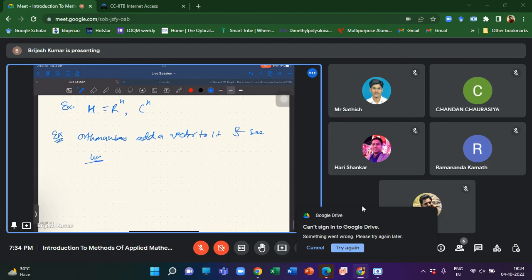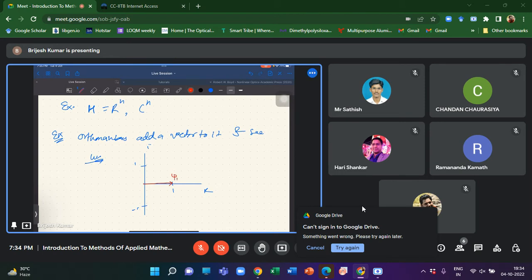Suppose our system is given like that. This is one axis and this is another axis; you can say this is the real and this is the imaginary axis. Let's say this is 1, this is 1, and this is minus 1.